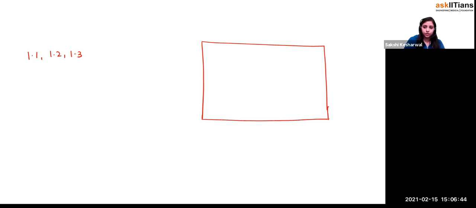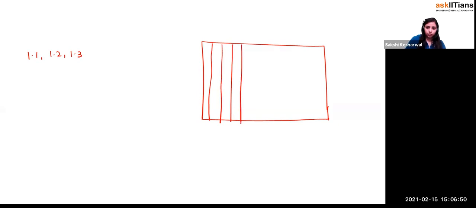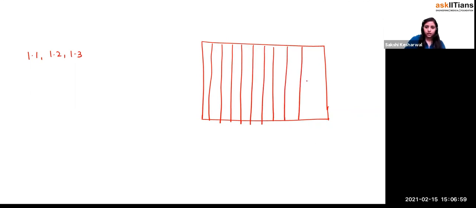Let me make a figure: 1, 2, 3, 4, 5, 6, 7, 8, 9, and this is 10. Let's take this as 10.